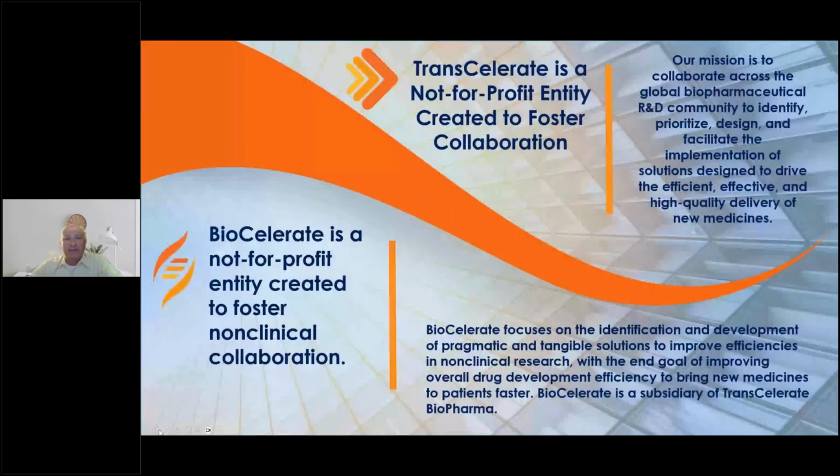Just to briefly set context, for those that aren't aware, BioCelerate is a not-for-profit entity created to foster collaboration focused on the clinical space within the pharmaceutical industry.